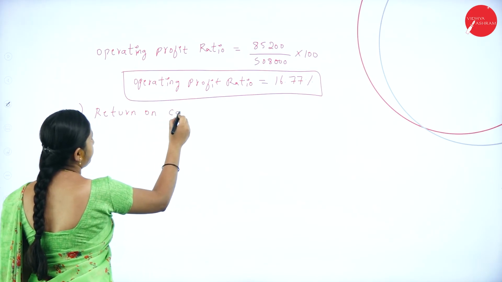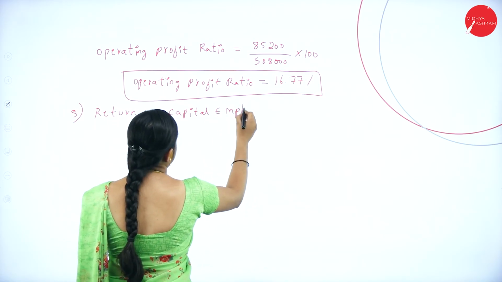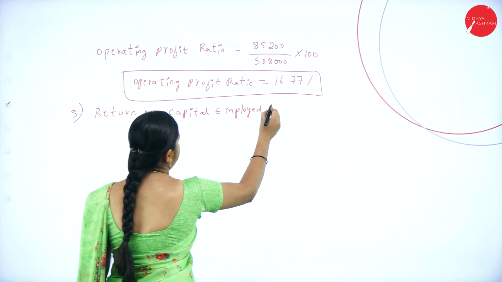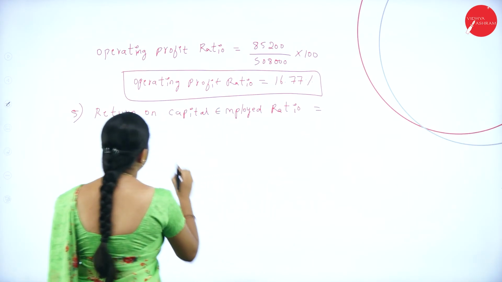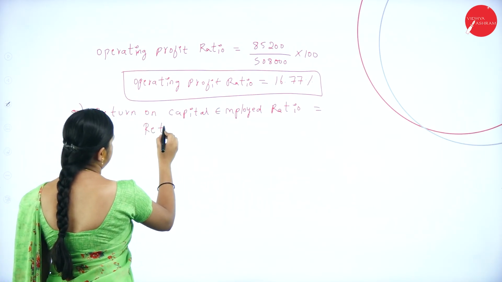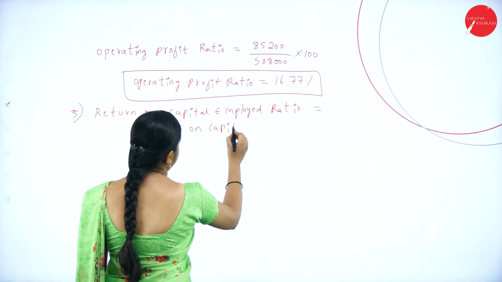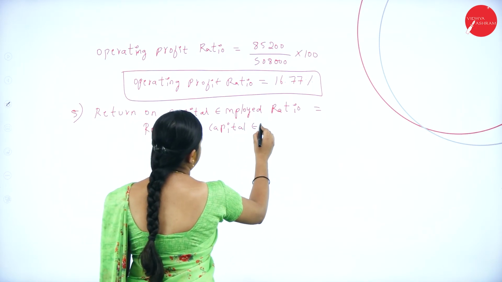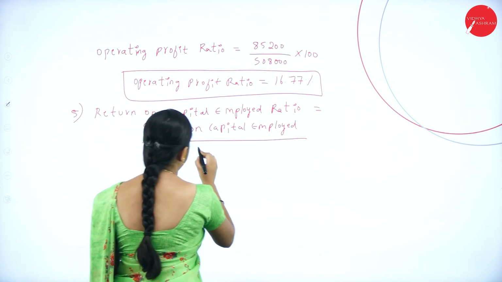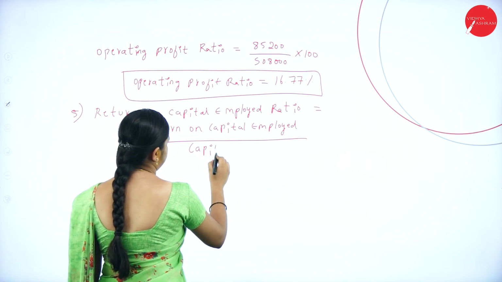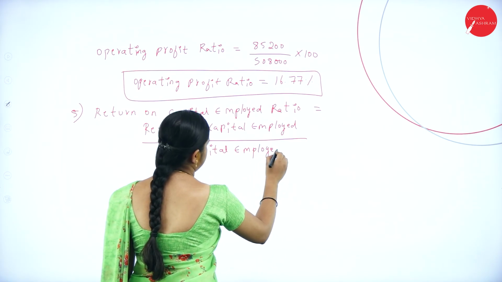Next, return on capital employed ratio. Return on capital employed ratio is equal to return on capital employed divided by capital employed.